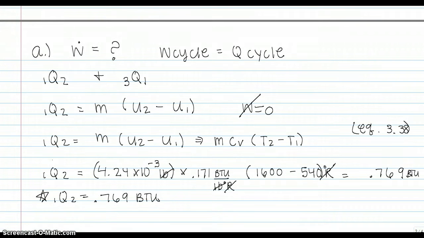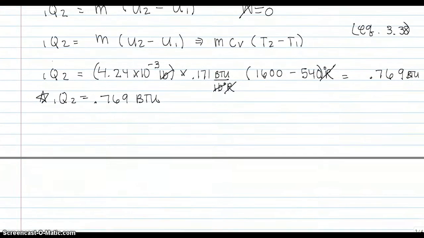Now we are going to start solving for Q from 3 to 1, which is going to be a little more difficult to solve for because there's work in the process from state 3 to 1. So we have the mass times U1 minus U3 plus the work from 3 to 1.